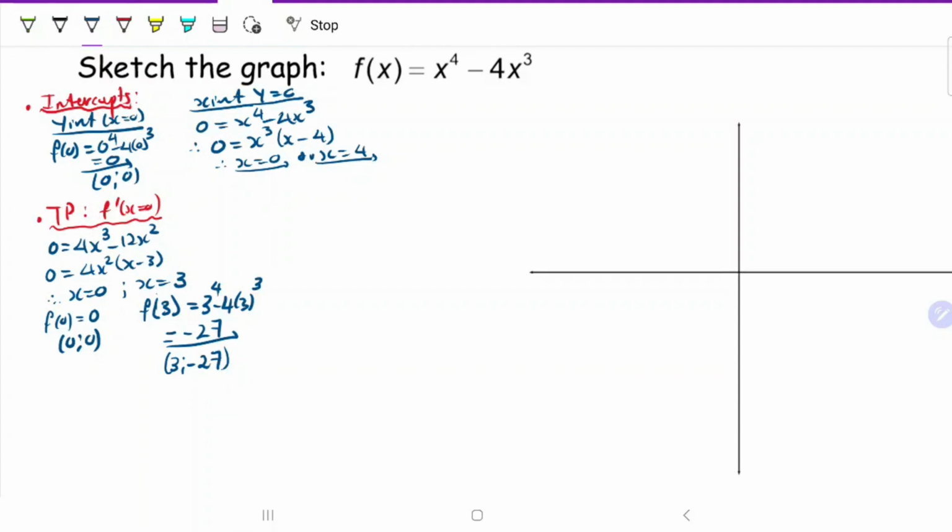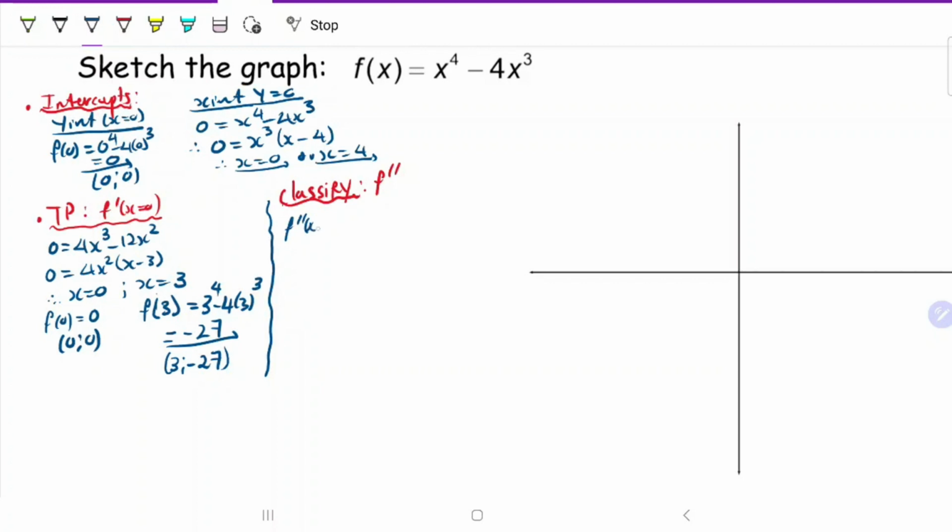Now, just to save some space, I'm going to write the next thing here on the side. Here we want to classify the turning points. When we classify, we have to find the second derivative, which is quite important for us to remember. We'll find the second derivative and equate it to 0 to start with.